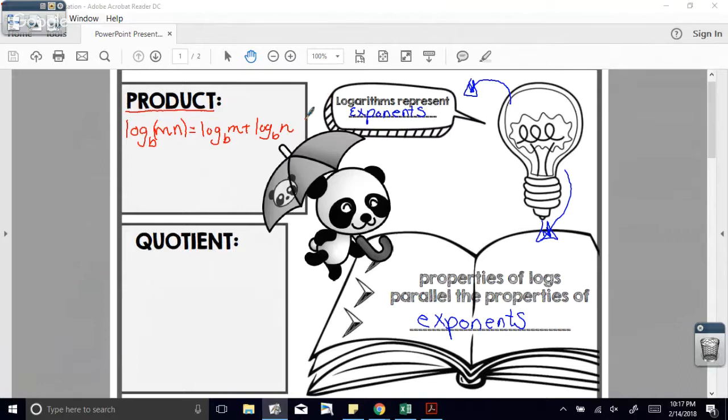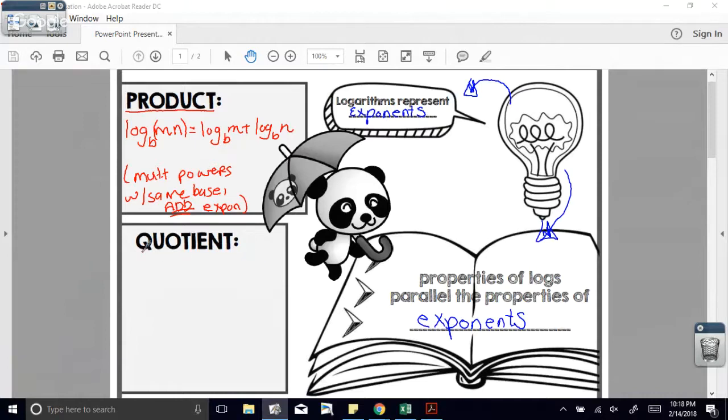And the reason I point out that we're going to parallel our rules of exponents is, if you think about it, when we multiply powers with the same base, we add their exponents. So if you think about logs as exponents, a log base b of m times n can be split into the log base b of m plus the log base b of n.